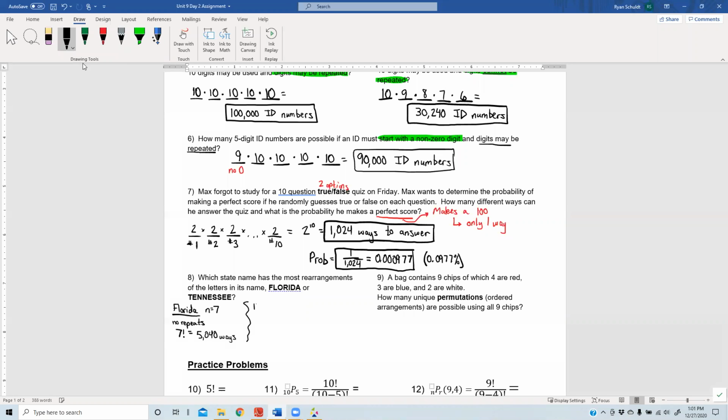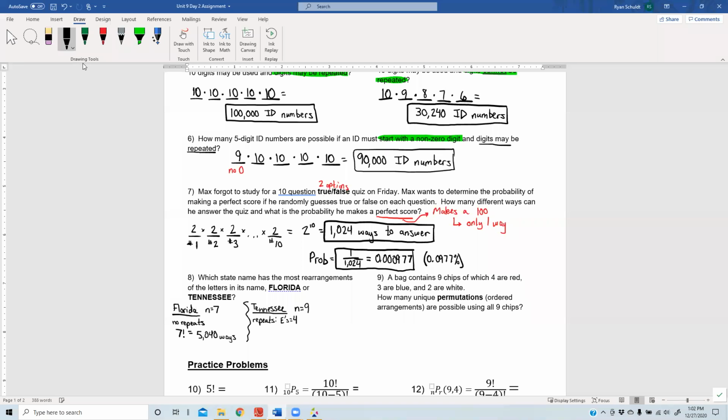Now let's look at Tennessee. How many letters are in the word Tennessee? There's 9. Are there any repeats of letters? Oh yeah, there's multiple E's. How many E's do we have?